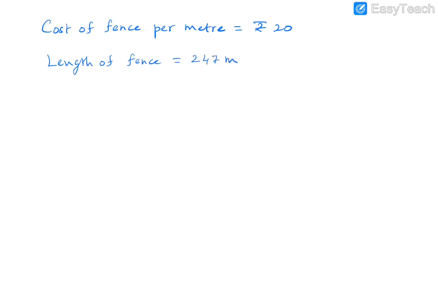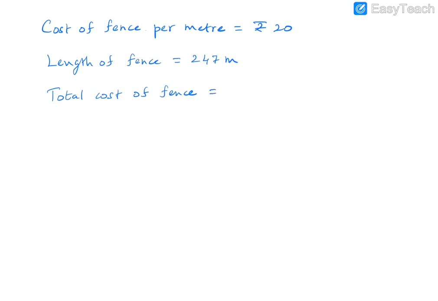So, the cost of fence per meter equals rupees 20. Length of the fence is 247 meters. So the total cost of the fence is simply we have to multiply the length of the fence with the cost of the fence per meter.